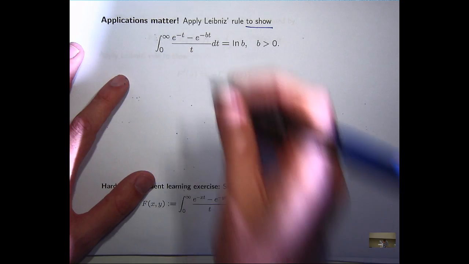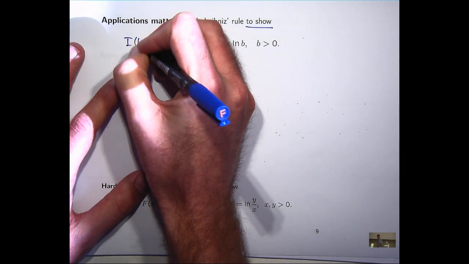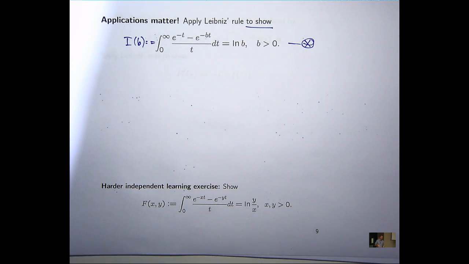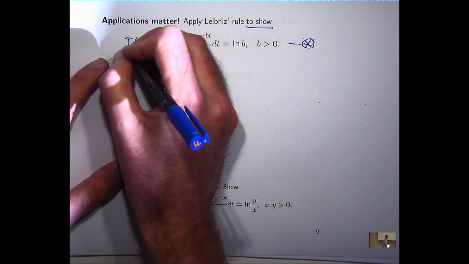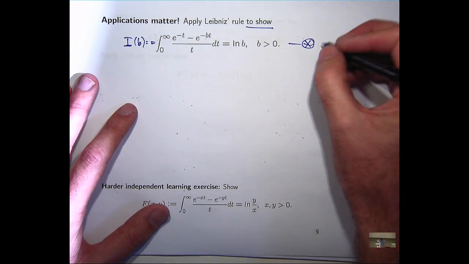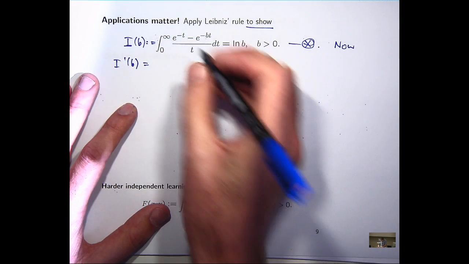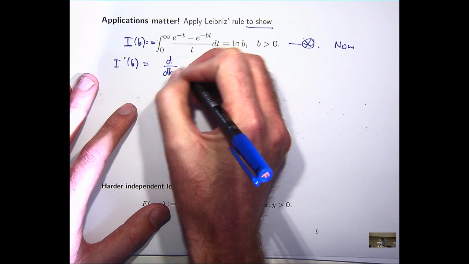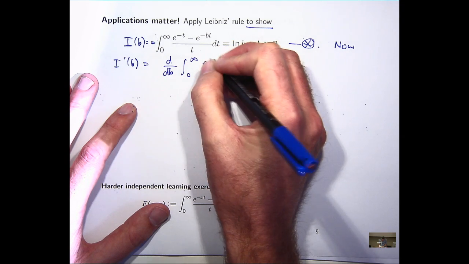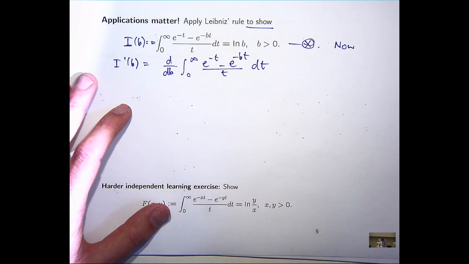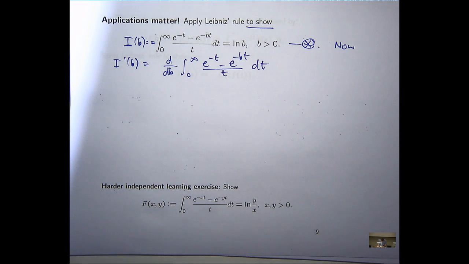So I'm going to define this by some function, say I of b, where b is the variable. And I'm going to differentiate d/db. So Leibniz L1 says I can just push that d/db inside the integral and change it to a partial.